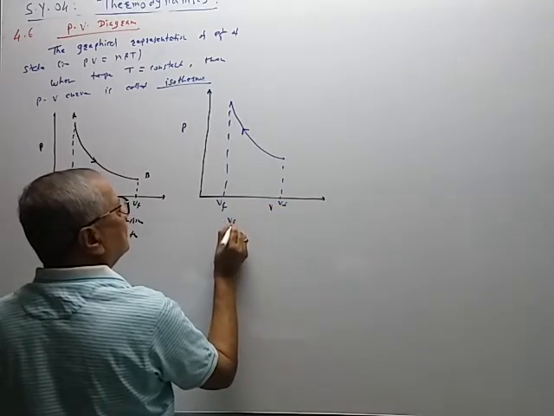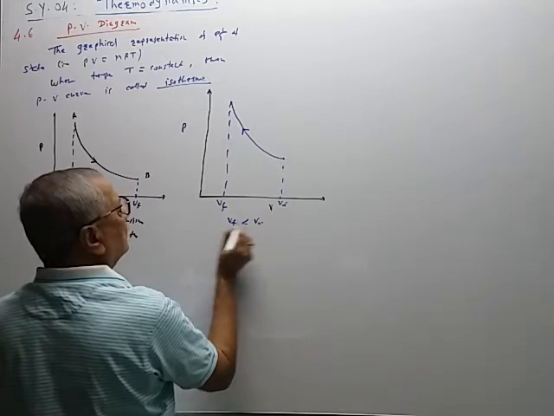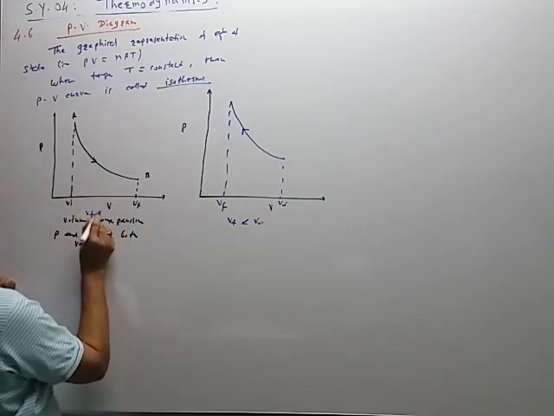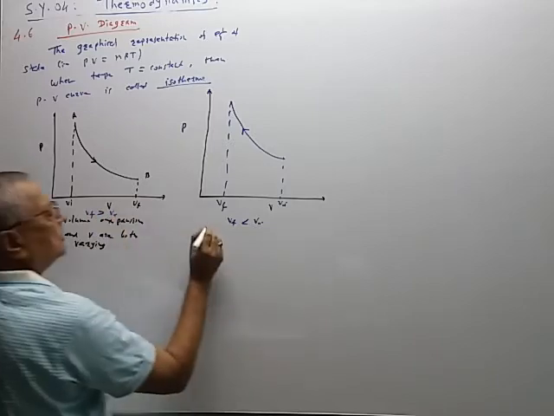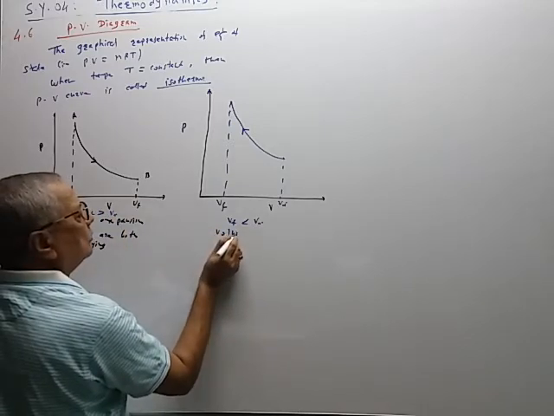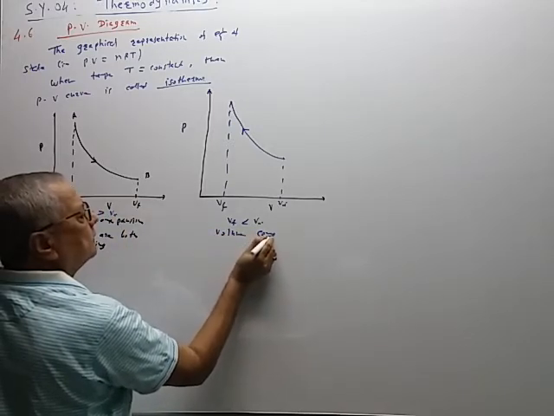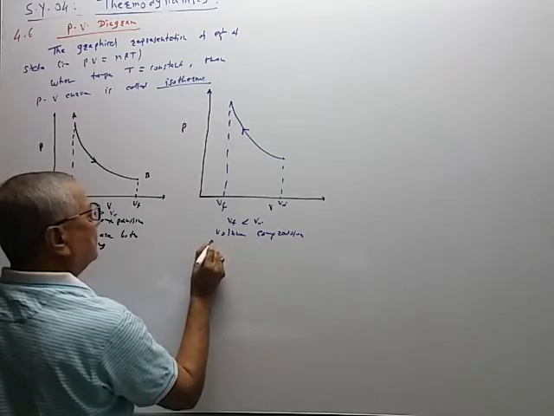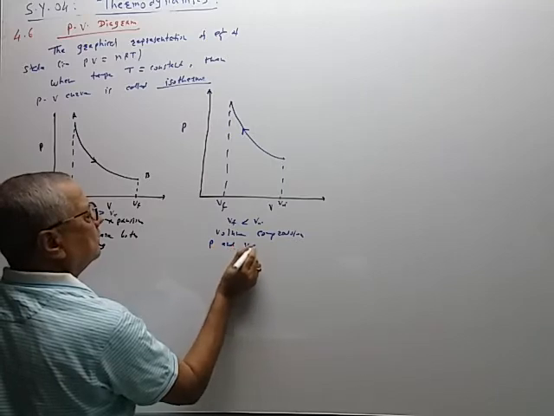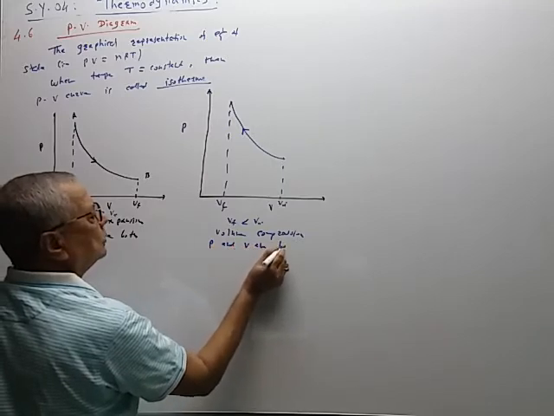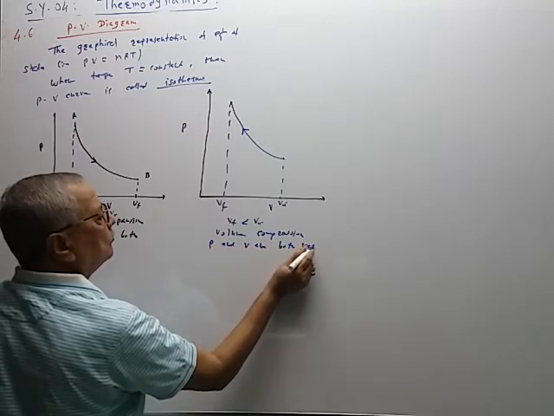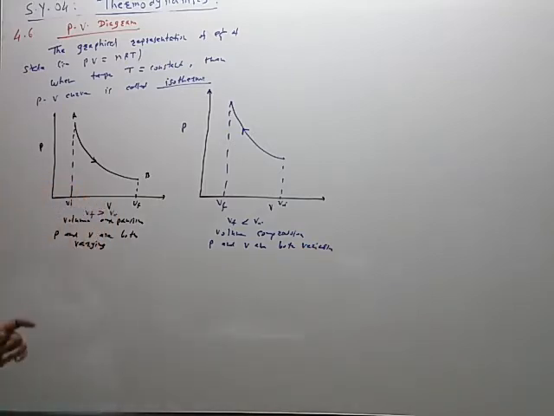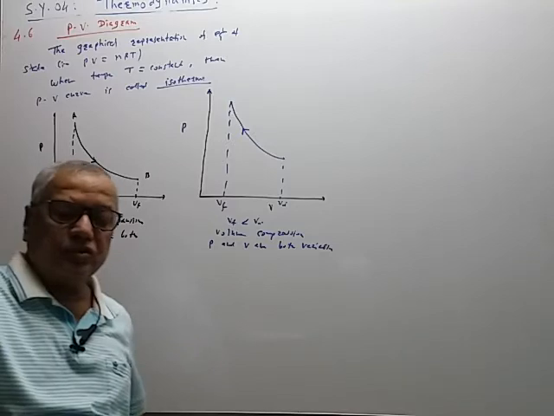So Vf is less than Vi. So this is the volume compression. P and V are both variable. Now we are considering only change in volume.